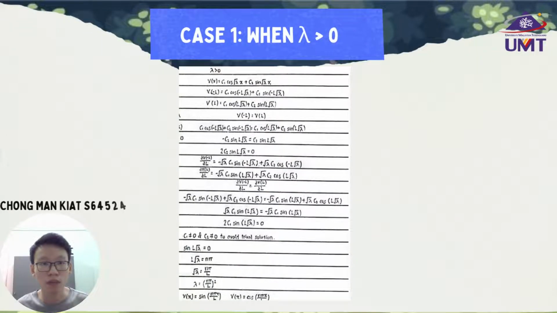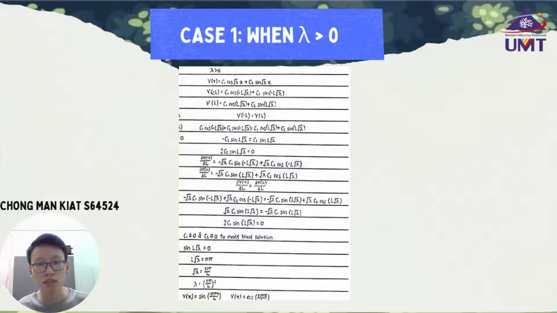For the case of lambda smaller than 0, the general solution is v(x) equal to c1 cos square root of negative lambda x plus c2 sin square root of negative lambda x. By applying the first boundary condition, we get c1 cos(-L square root negative lambda) plus c2 sin(-L square root negative lambda) equal to c1 cos(L square root negative lambda) plus c2 sin(L square root negative lambda).